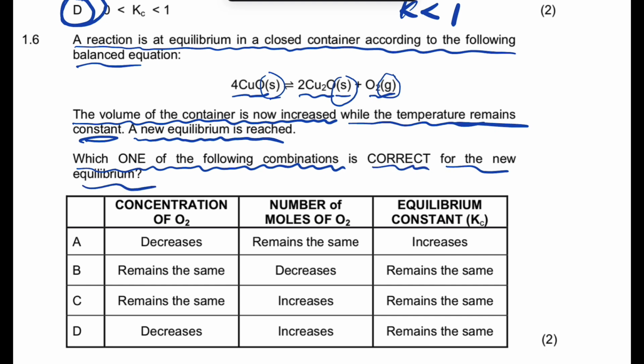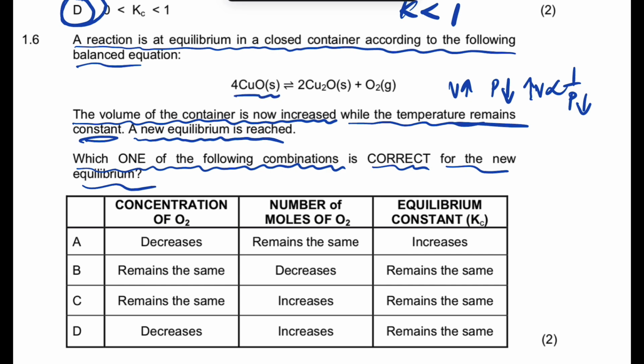Now let's go back there a bit. They say the volume has been increased. So if the volume has been increased, that means the pressure is going to decrease, because volume and pressure are inversely proportional, right? Now we know that when the volume has been increased and the pressure decreases, it will favor the side with the more number of moles.